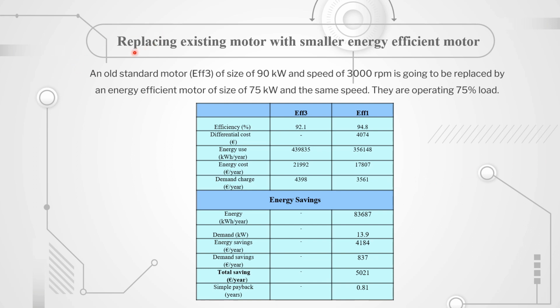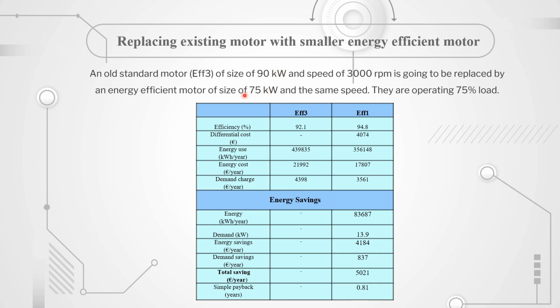So this is more the case that we find in real industry, regarding replacing an existing motor with a smaller energy efficient motor. An old standard motor, categorized as EFF3, of size 90 kilowatt and speed of 3000 RPM, is going to be replaced by an energy efficient motor of size 75 kilowatt and the same speed.